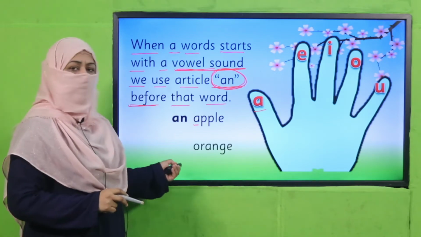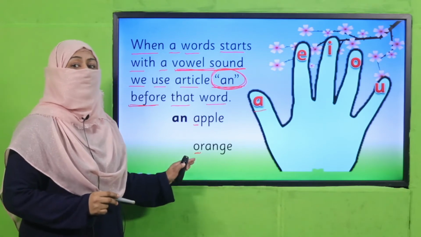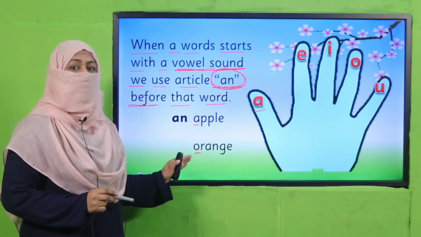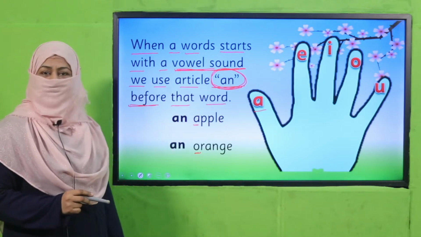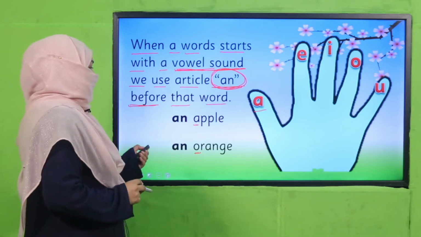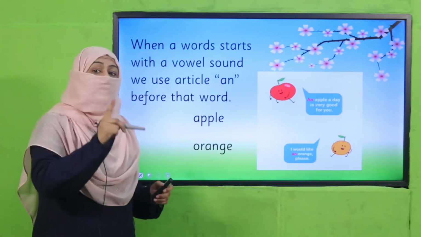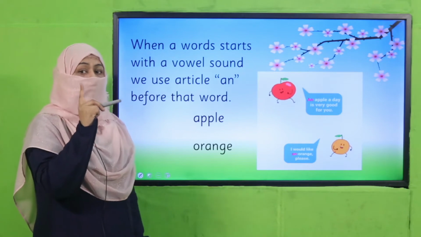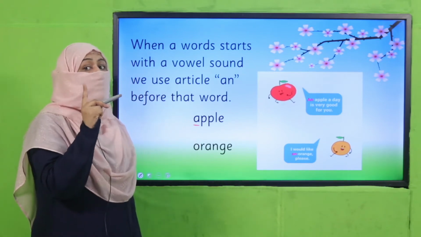And orange. If we want to write orange, again it is starting with sound O, and that is a vowel sound. We'll write an orange, right? So whenever there is apple and it's one, its initial sound is a vowel sound and it is one as well.